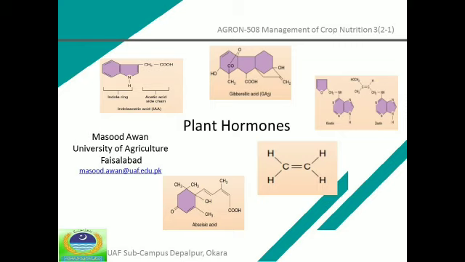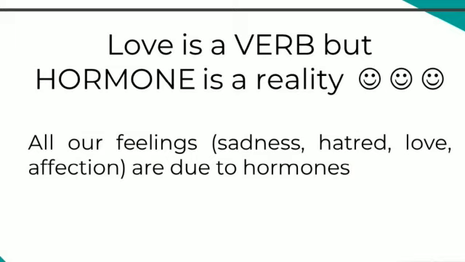So, in this lecture, we discussed general characteristics of hormones, how they differ from plant growth regulators, what are responses of plants to application of hormones, how they are synthesized or transported within the plant, and what are the commercial applications of different plant hormones. And ultimately, all of our feelings are due to hormones.